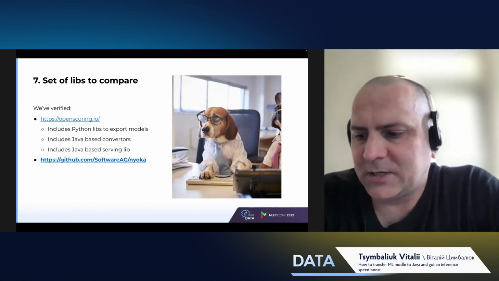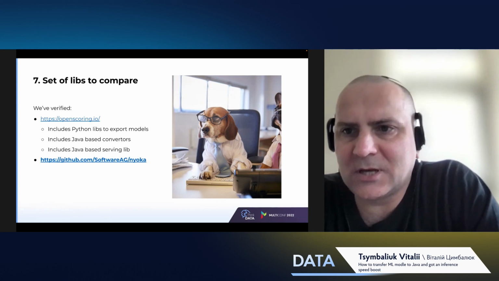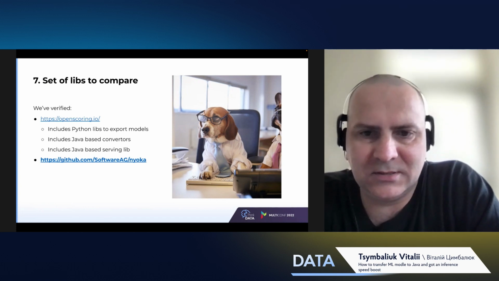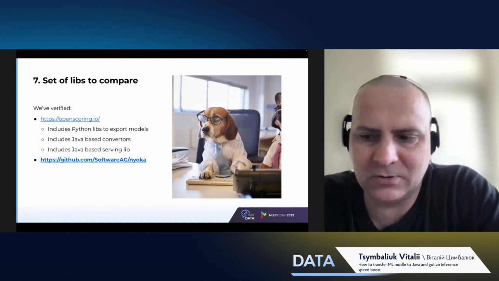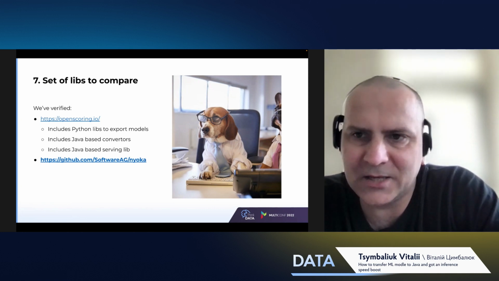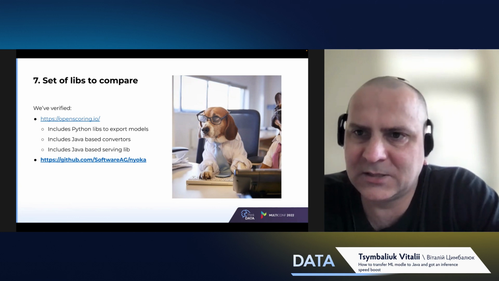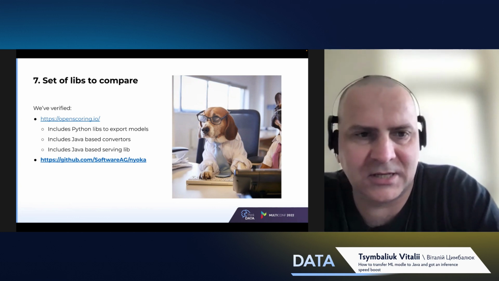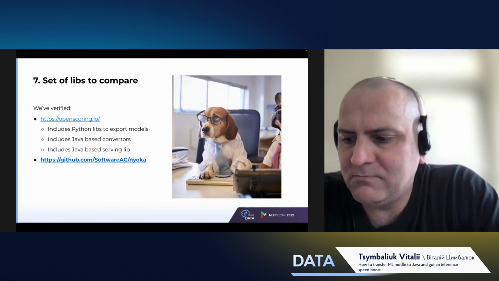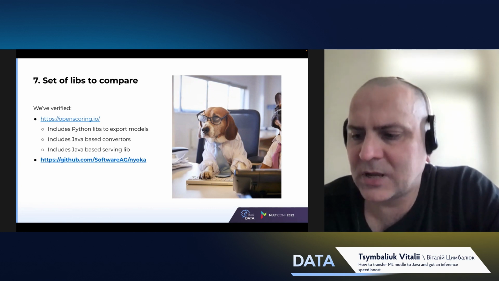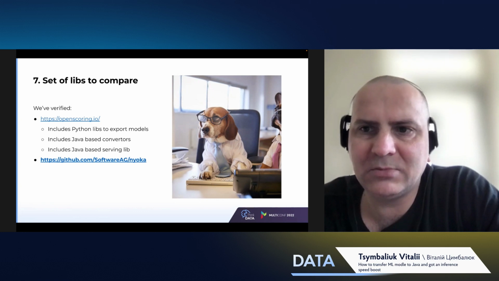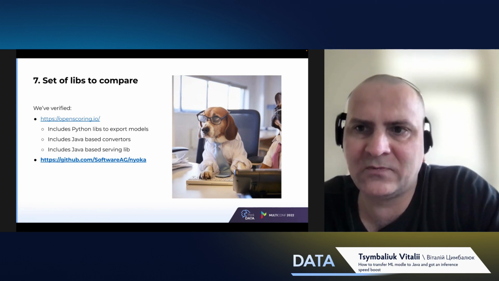As for the Nyoka library, it has an even bigger number of supported models. It has even simpler ways to export the model. There is no need to do anything with your model. You just add the Nyoka library and export it as is. It looks like the model exported with this library is expected to be compatible with the PMML format.